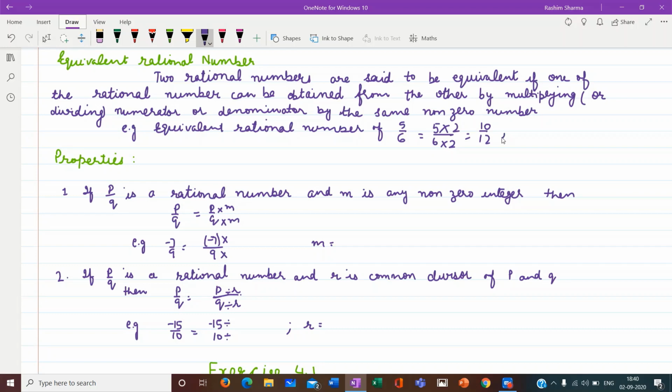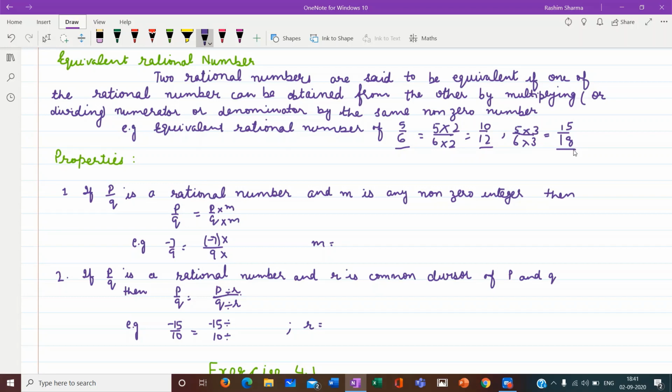We can take more also. 5 upon 6, multiplying by 3 above and by 3 below, we get 15 upon 18. Now 15 upon 18 is also an equivalent rational number to 5 upon 6. So we can say 5 upon 6, 10 upon 12, 15 upon 18 are all equivalent rational numbers.